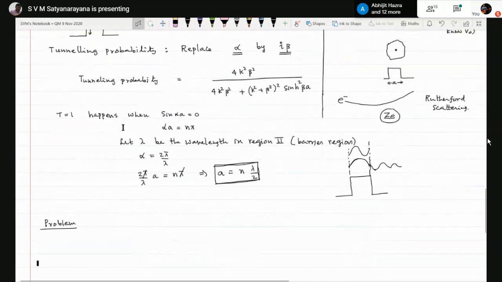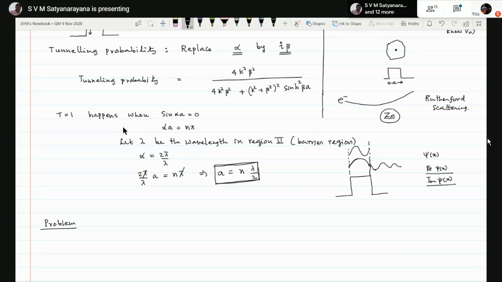Yes, sir. We can't plot complex valued functions. But what I'm saying is that when you have psi of x, you can always plot the real part of psi of x or the imaginary part of psi of x. Each one has some information, correct? So you can plot the real part or the imaginary part. Those are real values only. Okay.